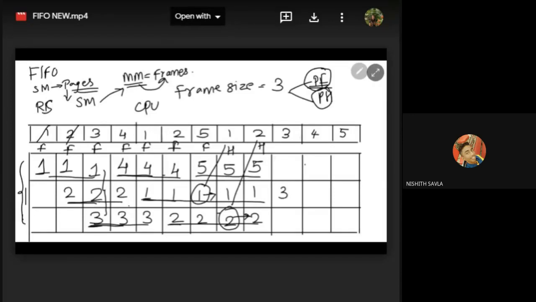So since the occurrence of 1 is more, replace 1 with 3, copy 5 and 2 as it is, with a page fault. Now when I want to load 4, again check the occurrences. Occurrence of 5 is 4, 3 is 1 and 2 is 5. So replace 2 with 4 and copy the remaining as it is, with a page fault.